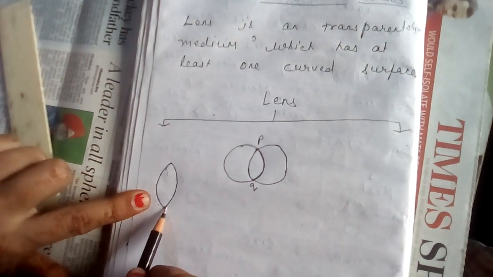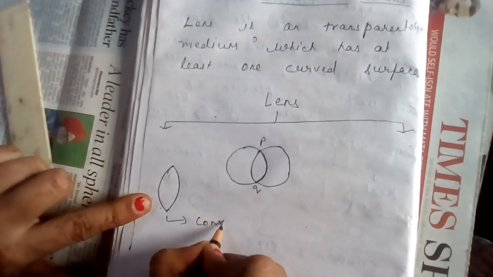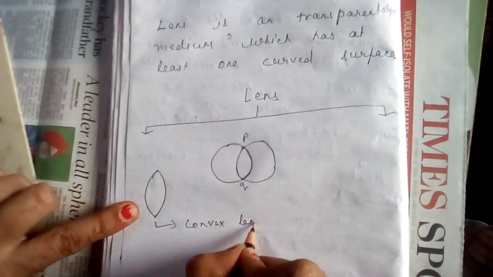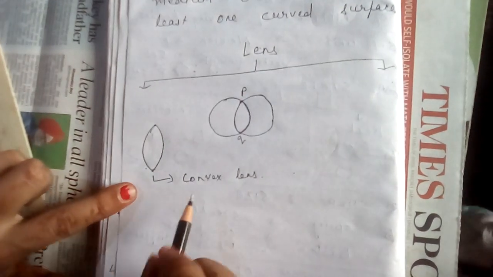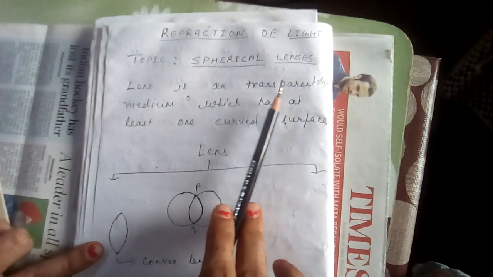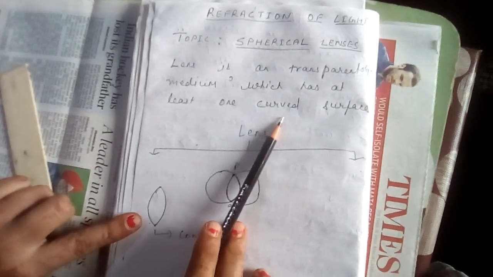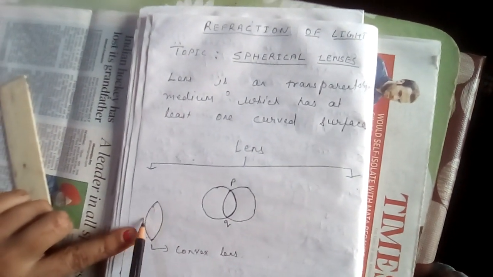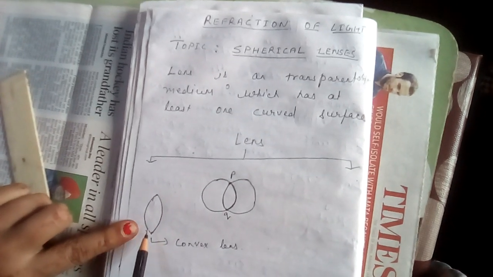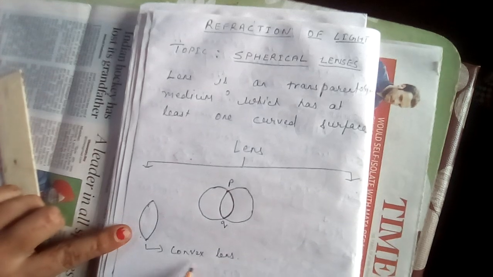This type of shape is known as a convex lens. A lens is a transparent object which has at least one curved surface. Here it has both curved surfaces, so it is a convex lens.